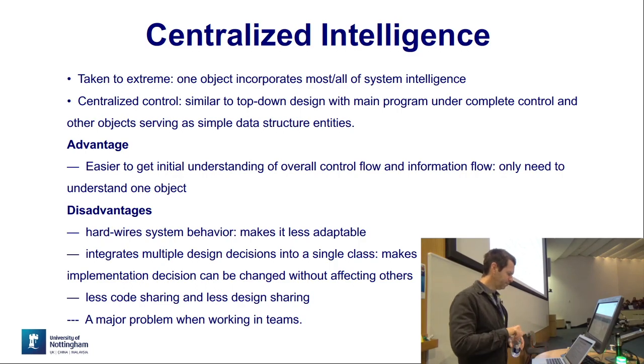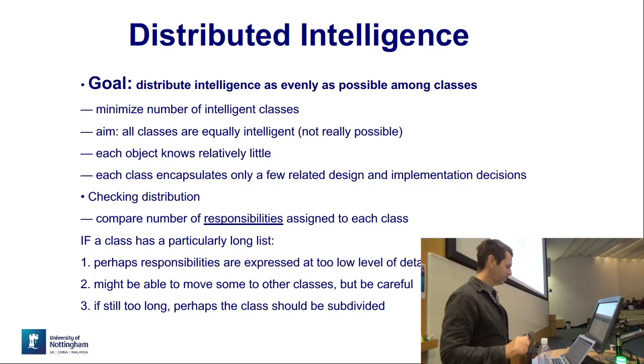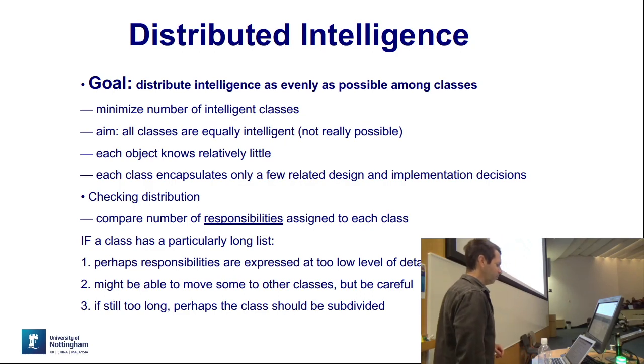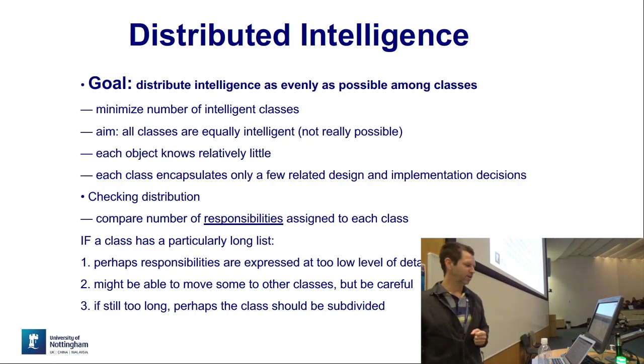Okay. Distributed intelligence. So this is what you see when you look at the Java API, right? Distributed intelligence as evenly as possible among classes. So we minimize the number of intelligent classes. This is a theoretical goal, it's not really possible. All classes are equally intelligent, but that's the goal.